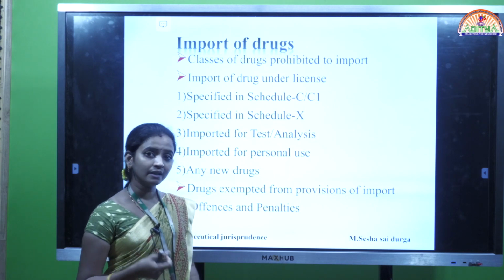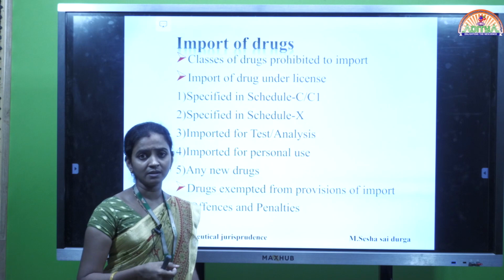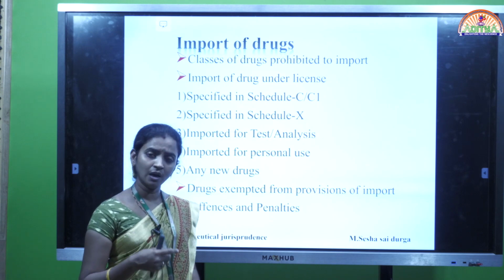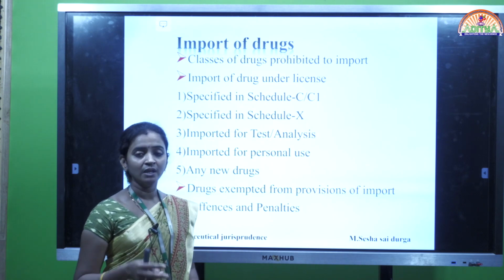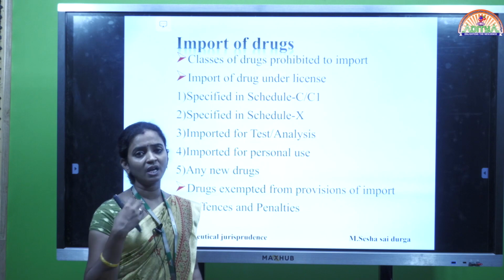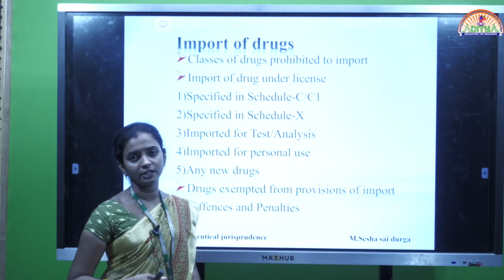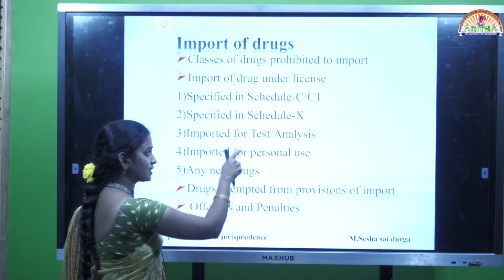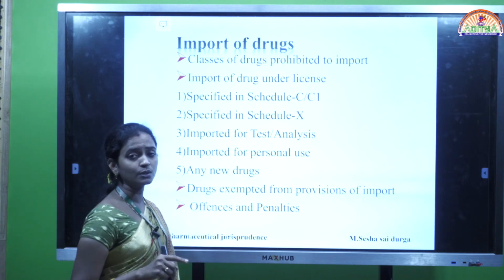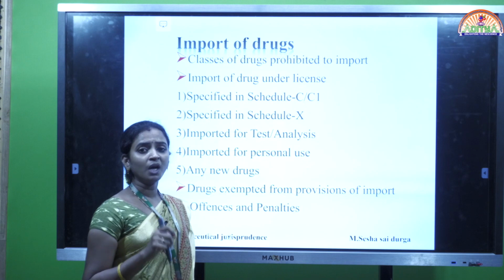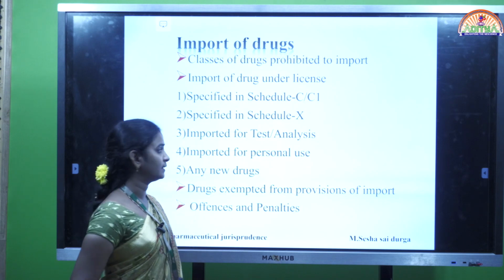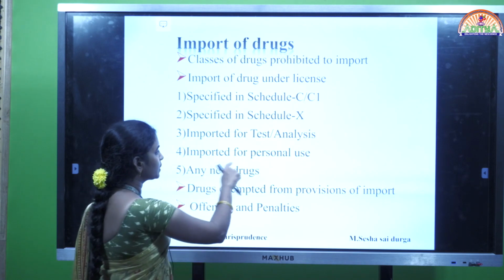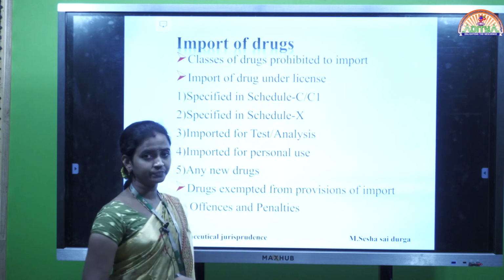That is the test and analysis, to analyze the newly prepared drug or dosage form. For that purpose also, sometimes we import some drugs from other countries. So when you are importing the drug for test or analysis purposes, then also we need to obtain a license from the authority.